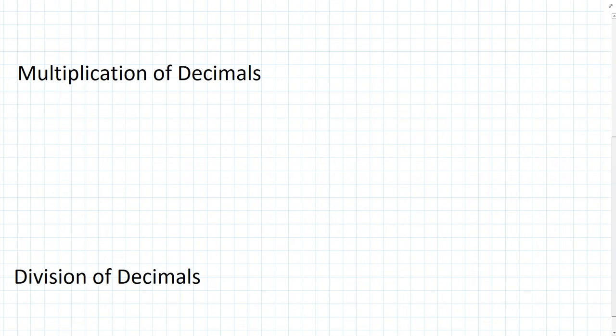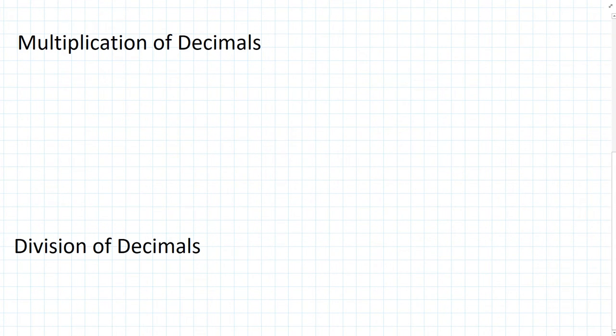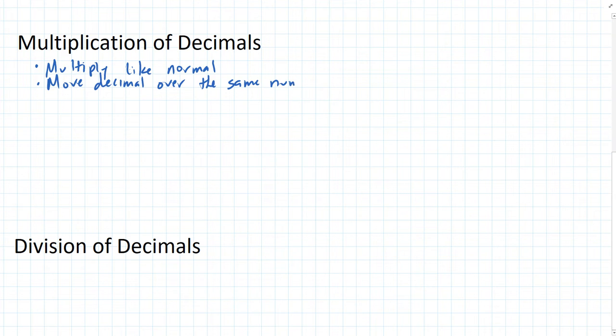Okay, the next thing I want to look at is multiplication of decimals. To multiply decimals, many of us do a good job remembering this. We multiply like normal, and then we move the decimal over the same number of places as in our factors.